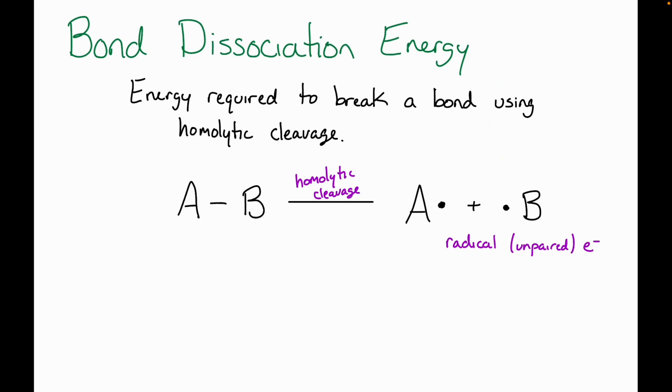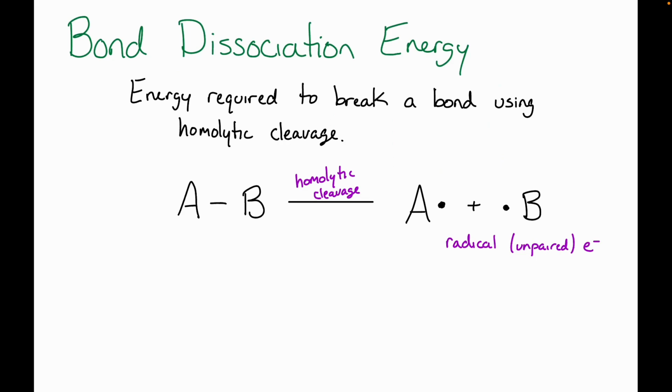If a reaction happened through a radical mechanism to get to products, or went through a different mechanism to get to those products, the difference between those two energies is going to be the same. So even though none of the reactions we study go through this homolytic cleavage pathway, we can still use these bond dissociation energies to predict how much energy is going to be released, or absorbed, in a given reaction.